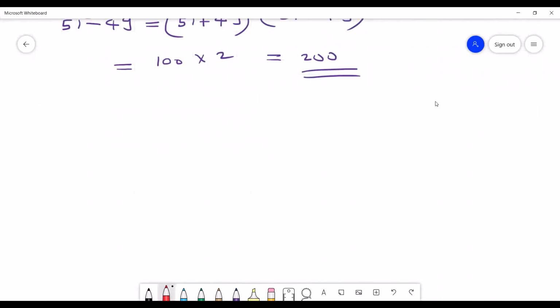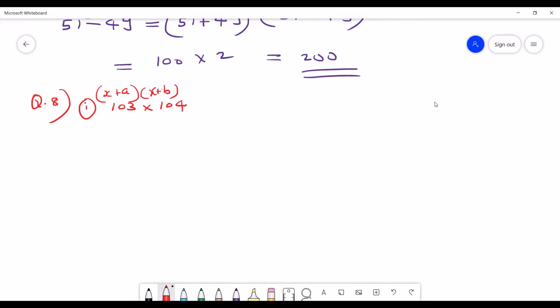Now let us solve one more question from question number 8. The first question itself we will select: 103 into 104. Here we have to apply what we already said, x plus a into x plus b.